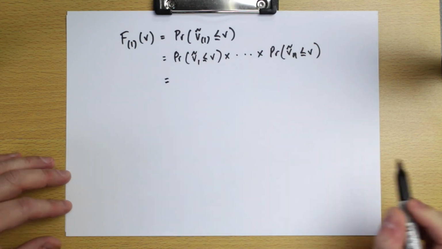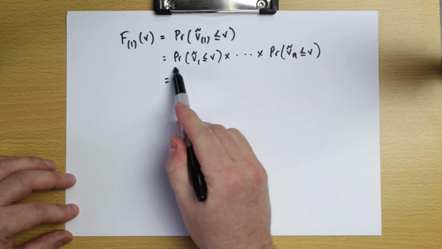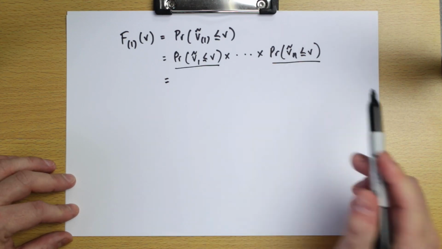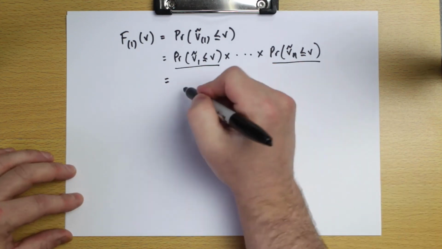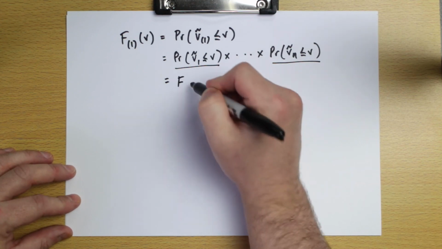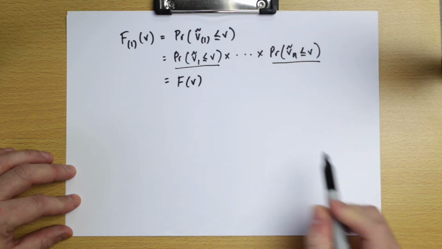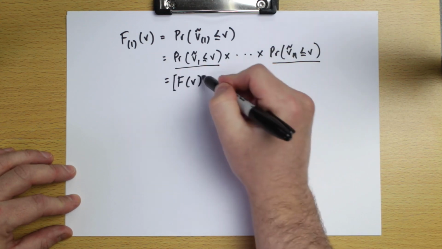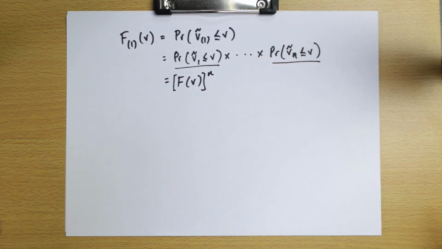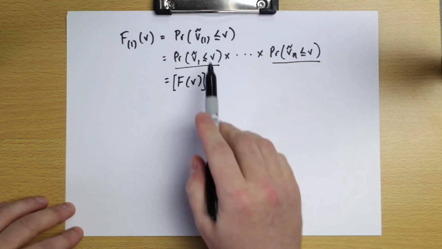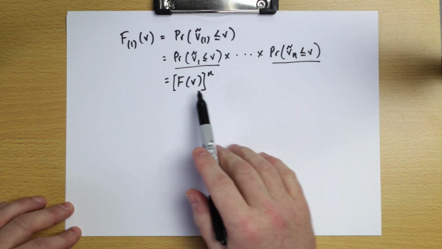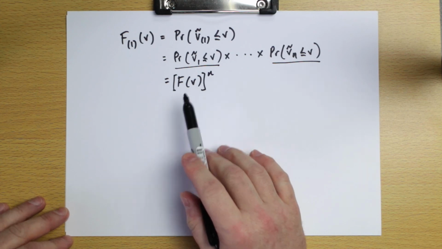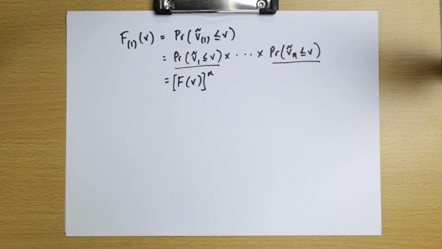And because they have identical distributions, this term here for each of them is simply the distribution function. So it's F of v multiplied by itself n times. So F of v to the power n. Okay, so this is true for all distribution functions, as long as our n random variables have identical distributions and they're independent.